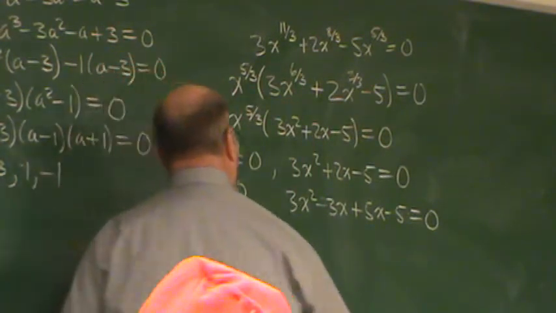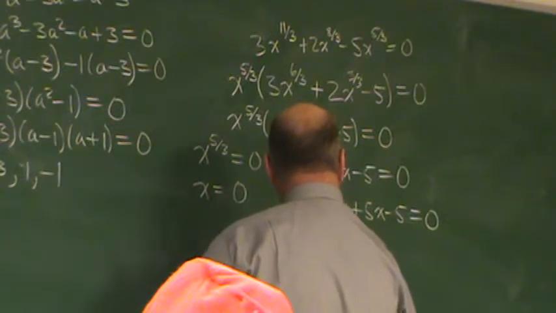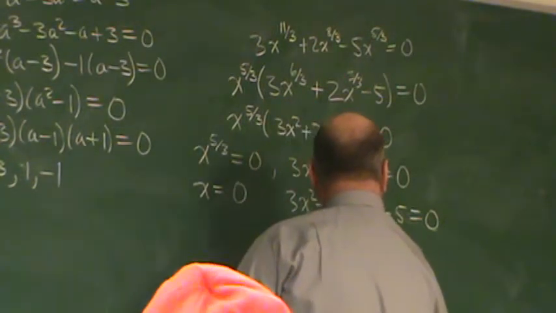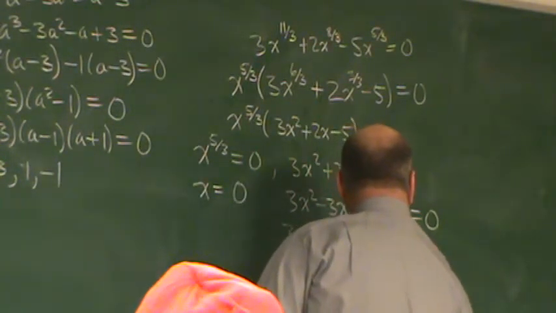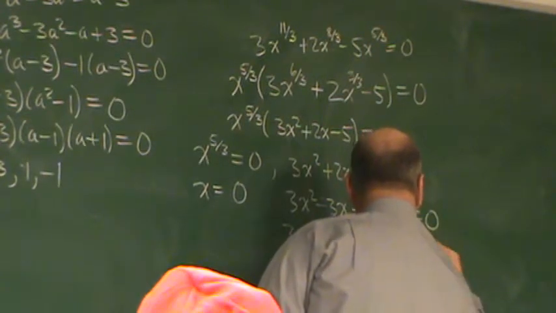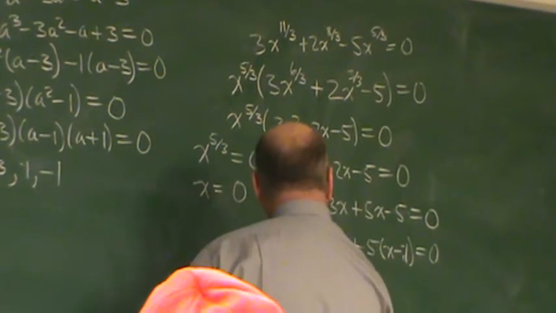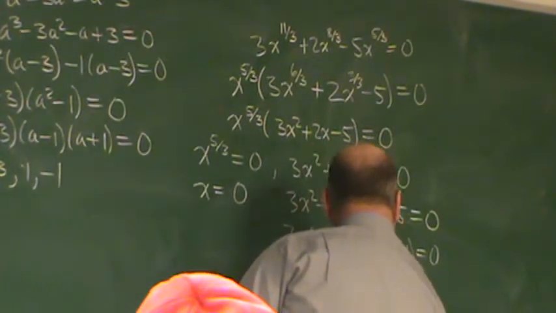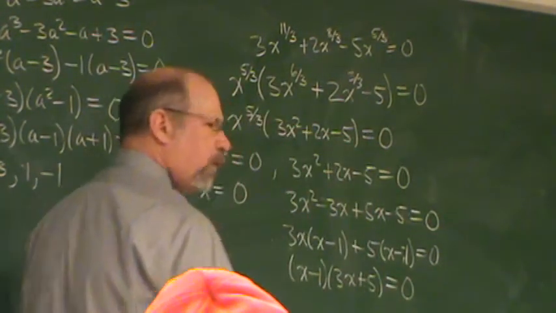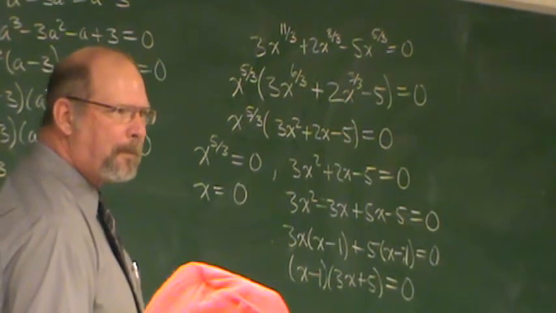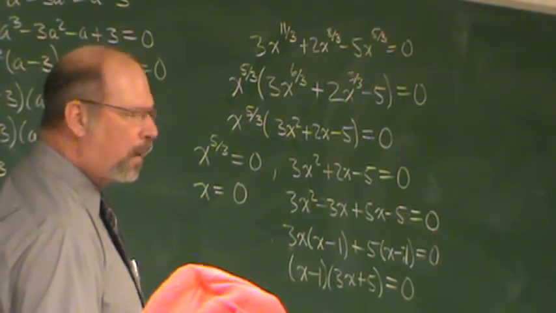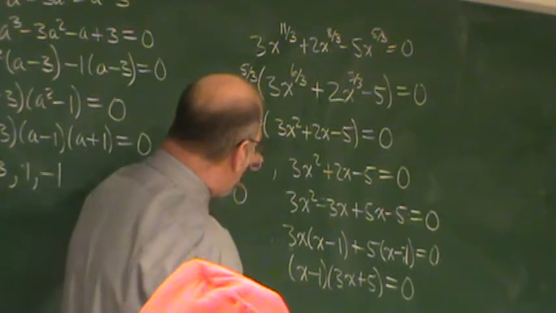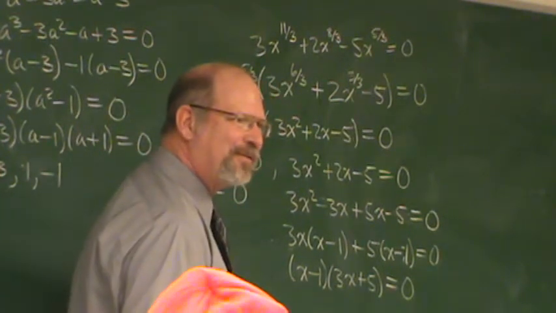Factoring that by grouping, you pull a 3x out from the first two, gives you x minus 1. 5 from the second two, gives x minus 1 equals 0. So x minus 1 times 3x plus 5 equals 0. Are you with me? Basically, I separated this out so I didn't have to write x to the 5/3 of all these steps.